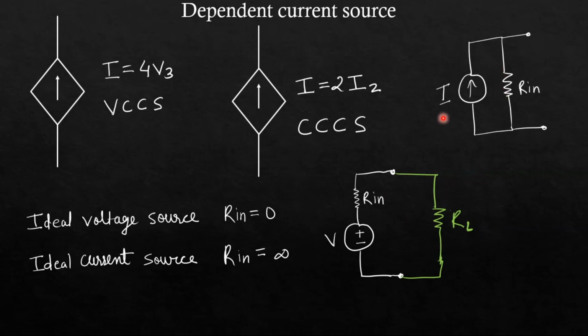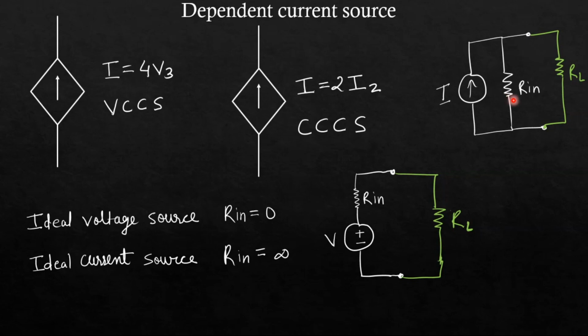And for the current source, R internal should be infinite. Let us understand this. Suppose I connected a load here, and let us say this current source is of 10 ampere. I want the total 10 ampere to flow in the load. But due to this internal resistance, some current will flow through this resistance. Let us say 2 ampere flows in this R internal, so we get 8 ampere in the load.